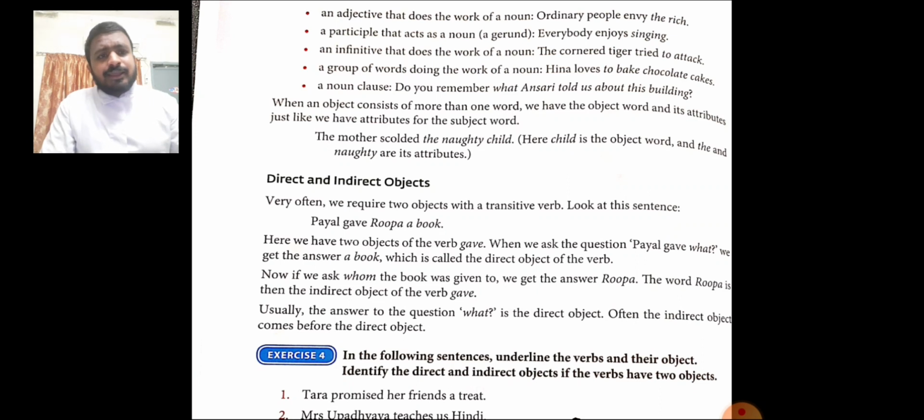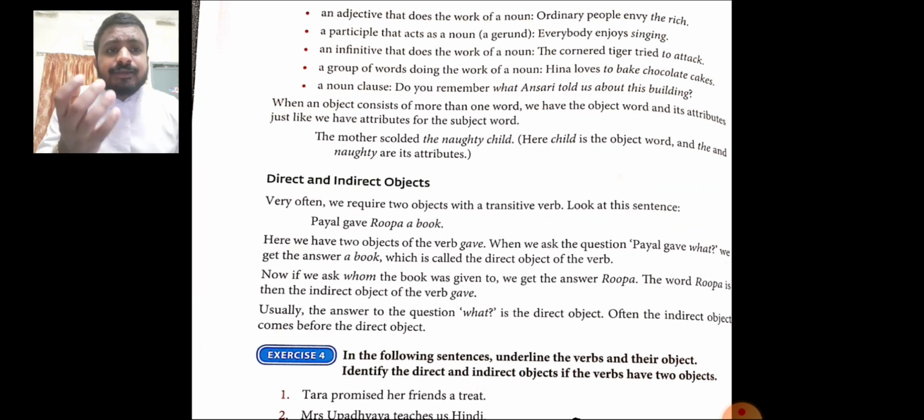Now, a transitive verb in most sentences has two objects, and we need to classify what we mean by direct object and indirect object. Look at the example there. Payal gave Rupa a book.